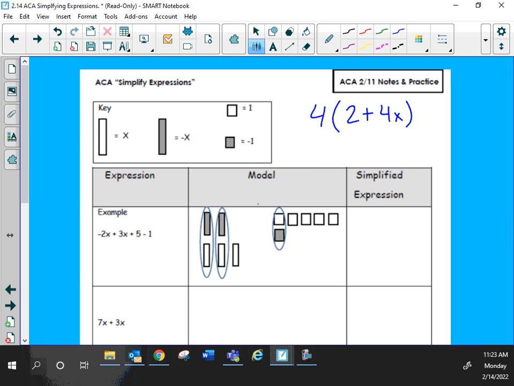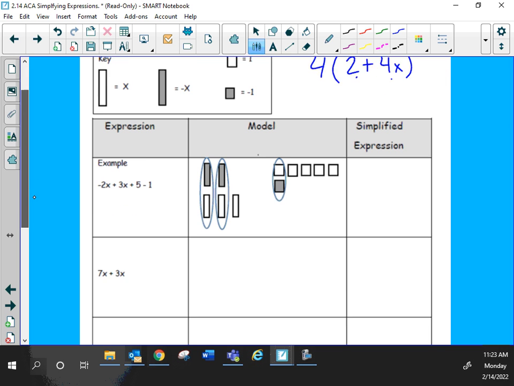We can only combine like things with like things, so popcorn with popcorn and drinks with drinks. So x's combine with other x's, and when it doesn't have a letter with it, it's called a constant, constants with constants. We'll model that so you can visualize it.